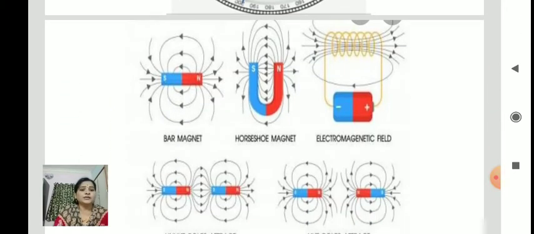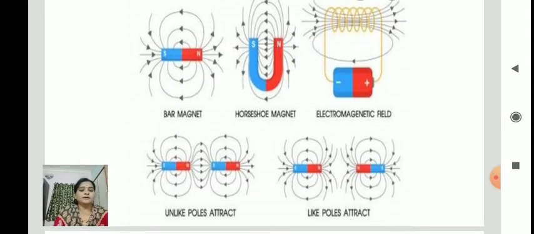So here you can see the repulsive property. Unlike poles attract each other, unlike poles attract and like poles repel. This is wrongly shown. Like poles repel each other, whereas for a bar magnet the magnetic lines of force are shown like that.